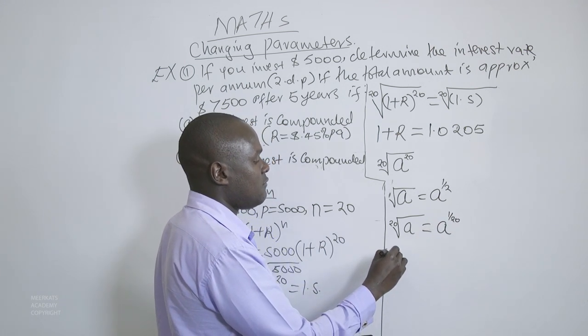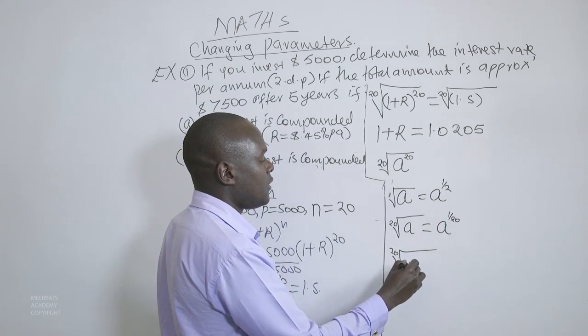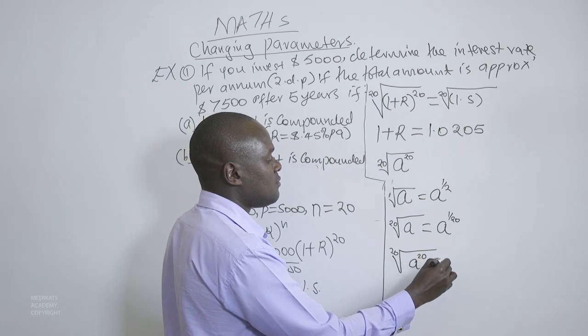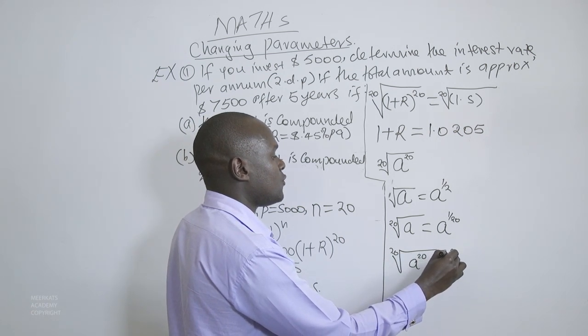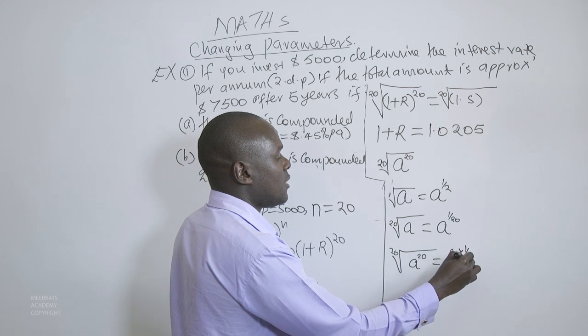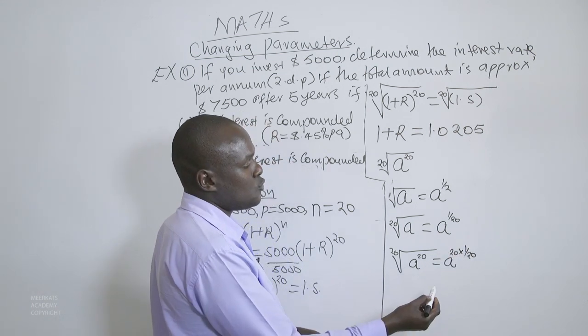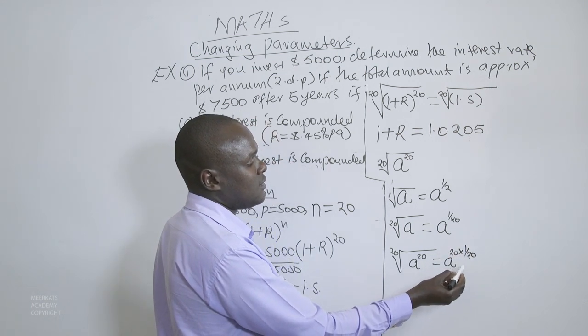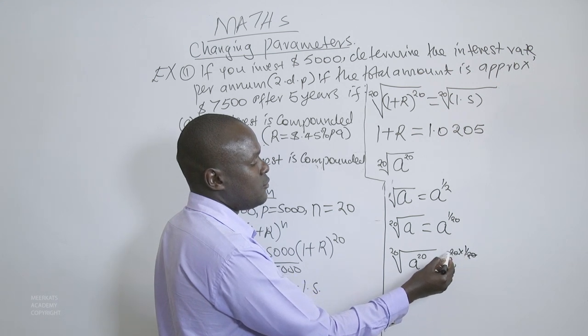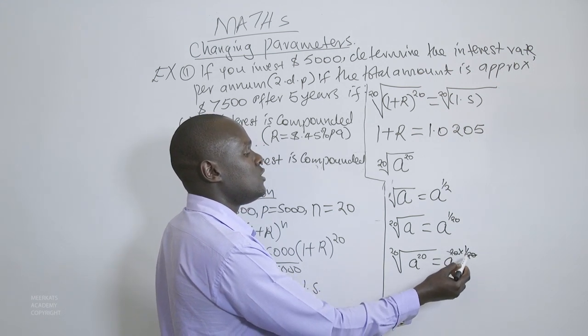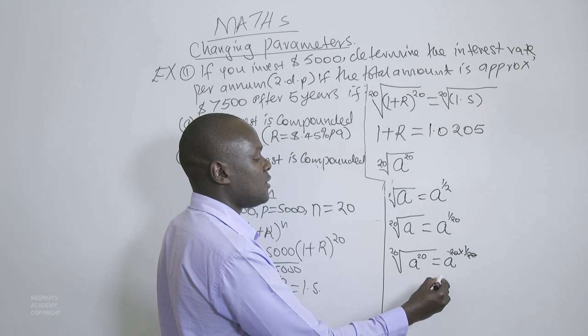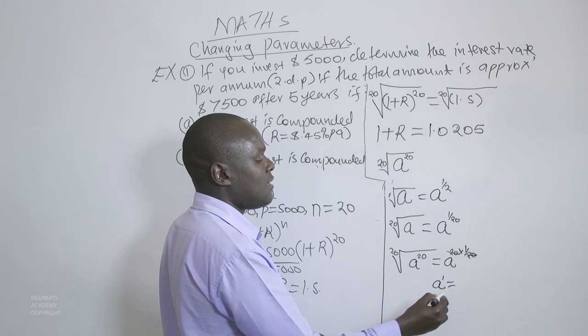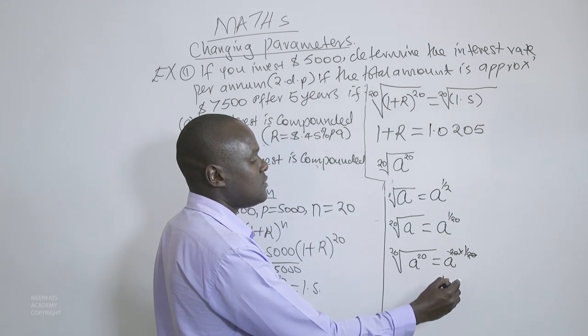So if we have the 20th root of a raised to power 20, it is the same as a raised to power 20 multiplied by 1 out of 20. And the rules of indices dictate that these powers will multiply, and when they multiply, 20 and 20 will cancel, leaving us with a raised to power 1, and any number raised to power 1 is the same number.